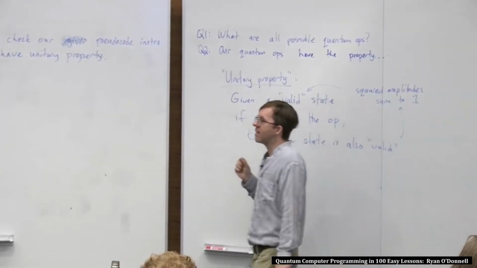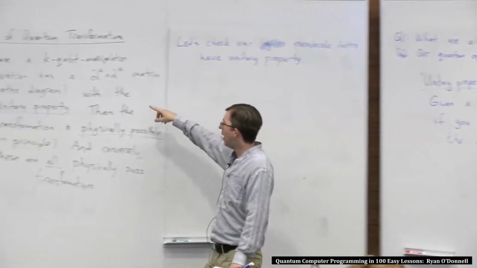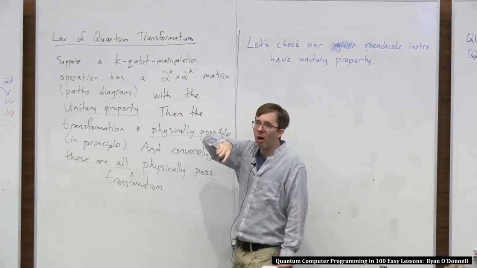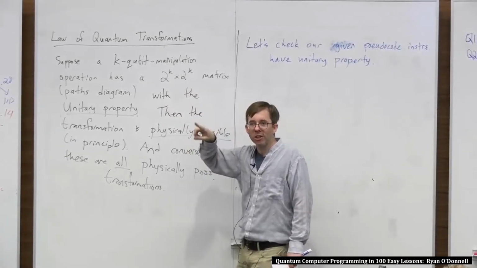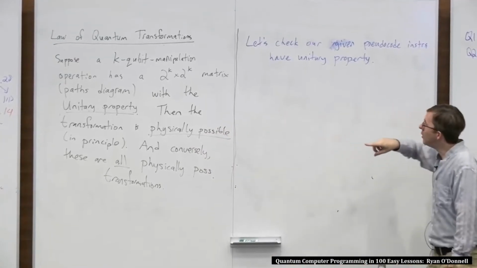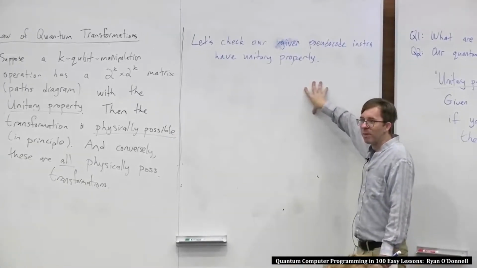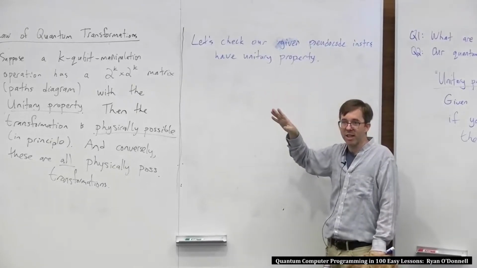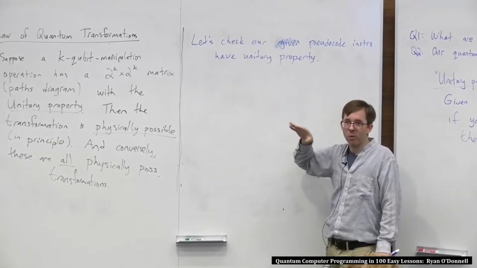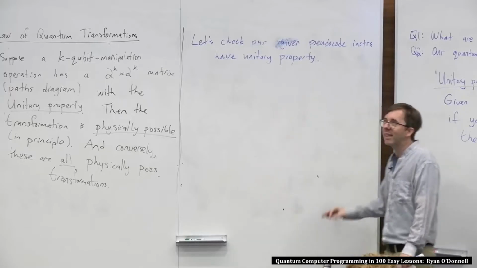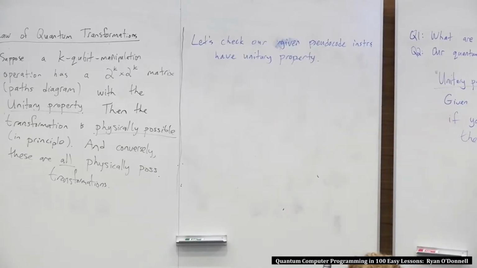What's literally true is that for any transformation with the unitary property, you can program it to arbitrarily good accuracy. You can't literally get it exactly, but you can get a slightly different matrix where every amplitude is correct within 1%, or 10%, or 0.1%, or 0.001%. Any tolerance you want, you can program it. So it's a bit of a math thing. You can't literally program every single one, but you can get arbitrarily close to any single one.